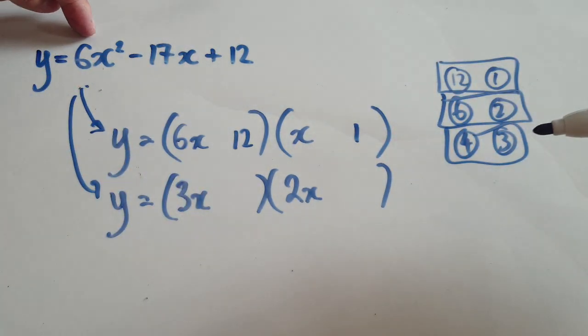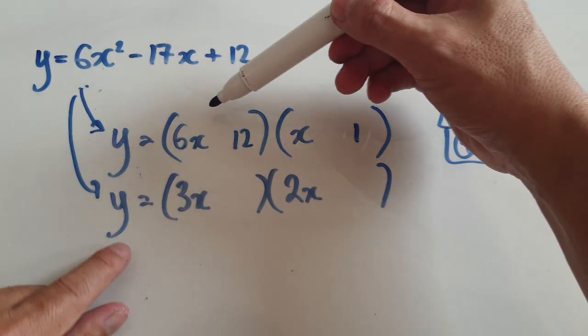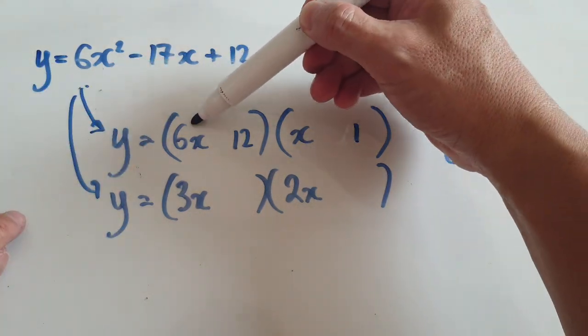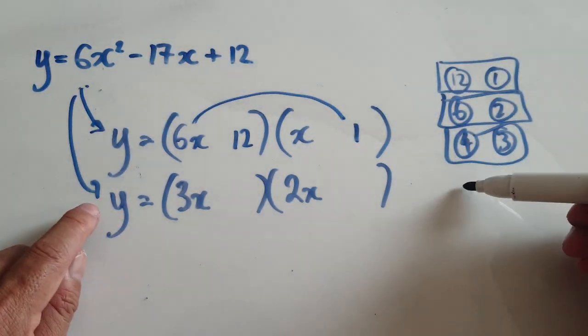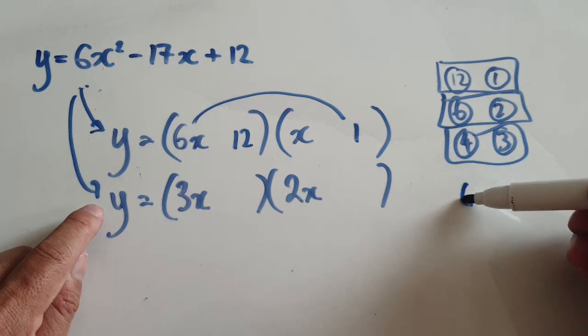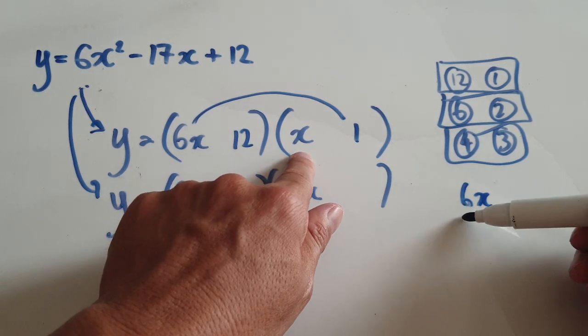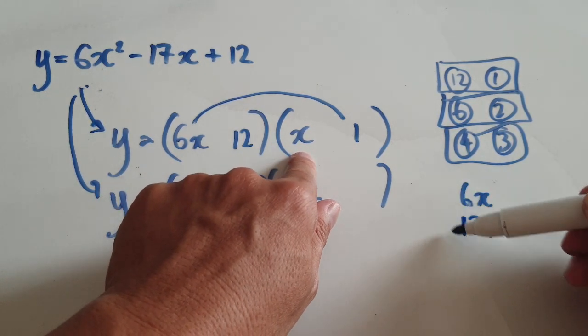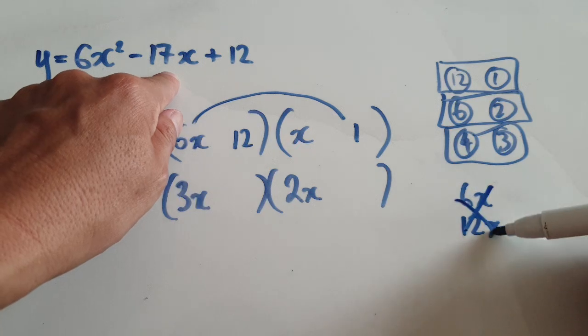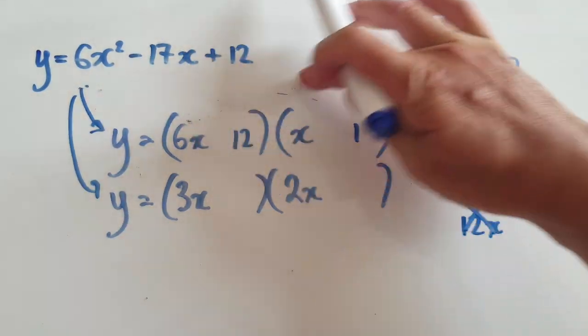Forget about the 6x squared, forget about the 12. This times this would then give us 6x. This times this would give us 12x. Can we create a 17? No way. So that's useless.